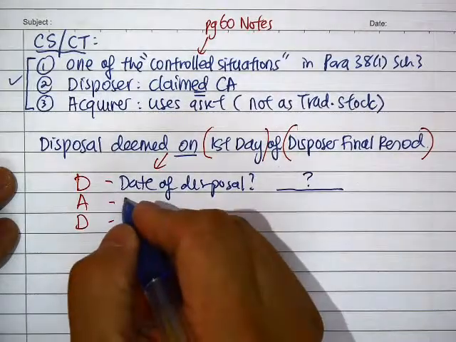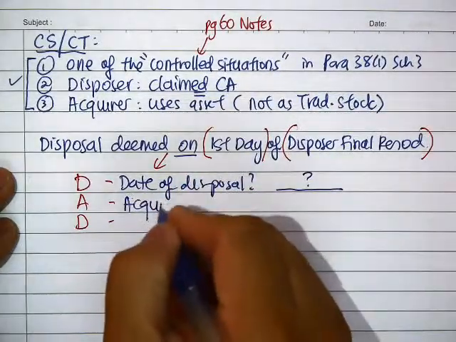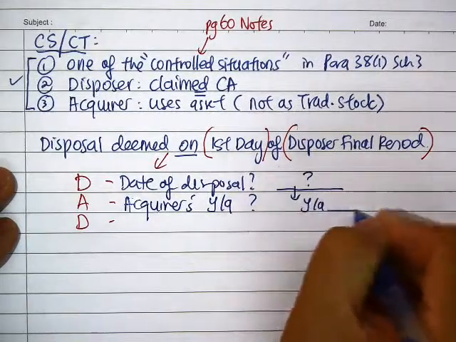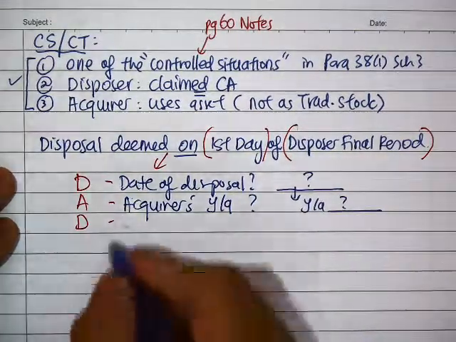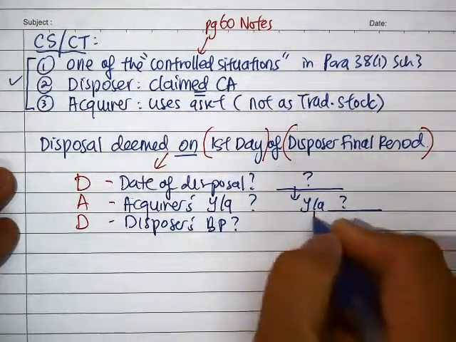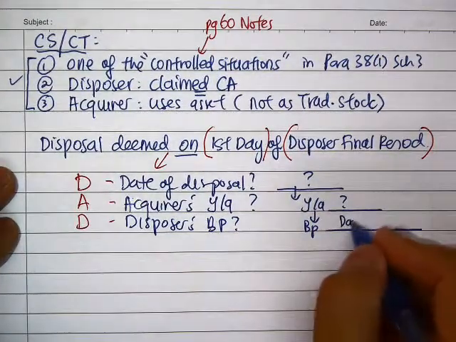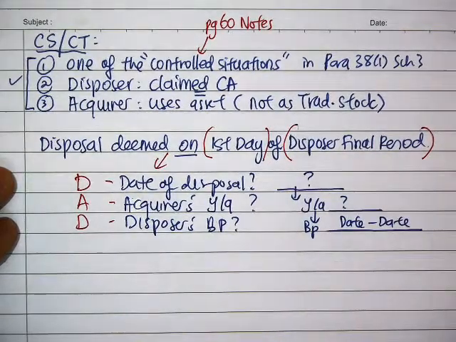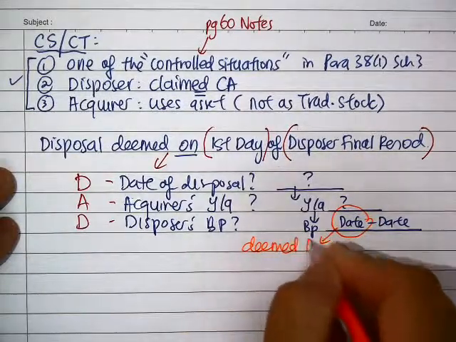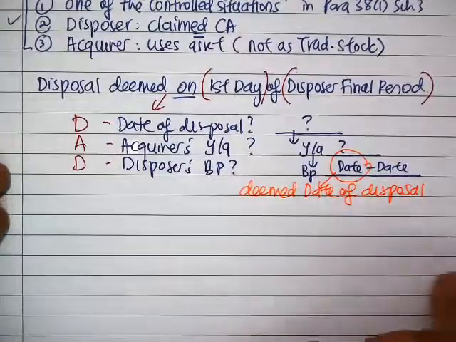Use the date, ask yourself, based on the date, what is the acquirer year of assessment? What YA is that? And then for that YA, what is disposal basis period? Basis period must be a date to a date, right? Now, the date is deemed date of disposal.